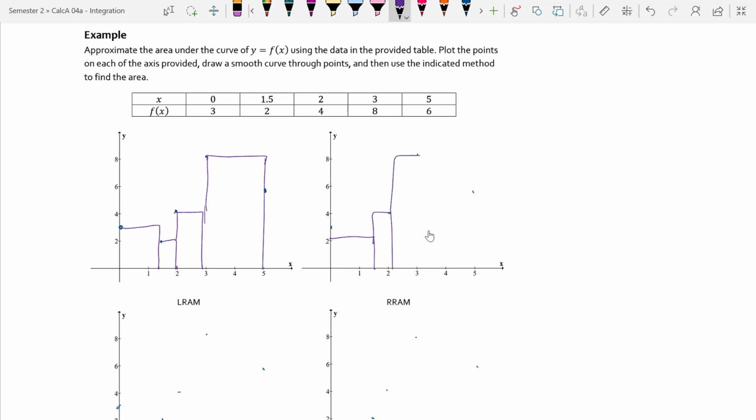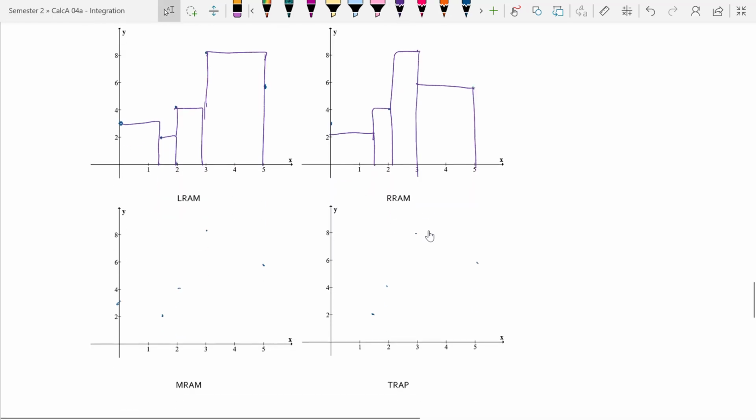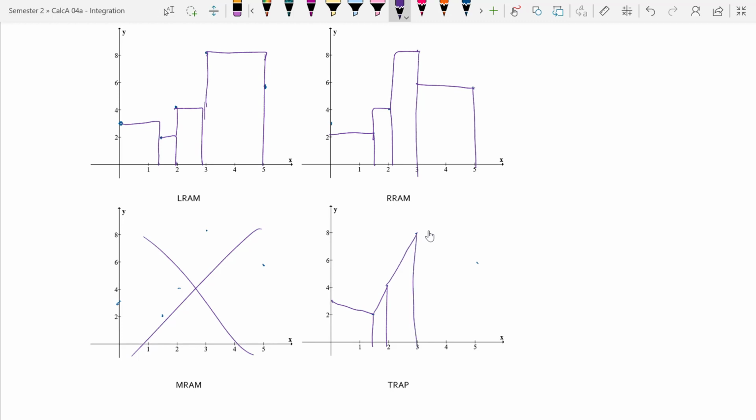That was right here. And like that. MRAM we can't do, and you'll kind of see why that is. Trapezoidal we can. There's a point here, so I go like this, then like that, then like this, and then like that.